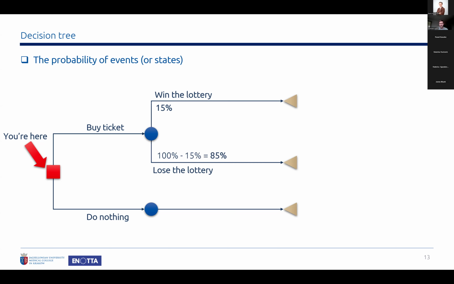For the do-nothing strategy, nothing changes, so we put 100% here. Next, we add the cost of each event or each state to the graph. We have only two cost categories: cost of the ticket and the lottery price. The ticket is 10 euros and the winning adds 100 euros to our wallet.